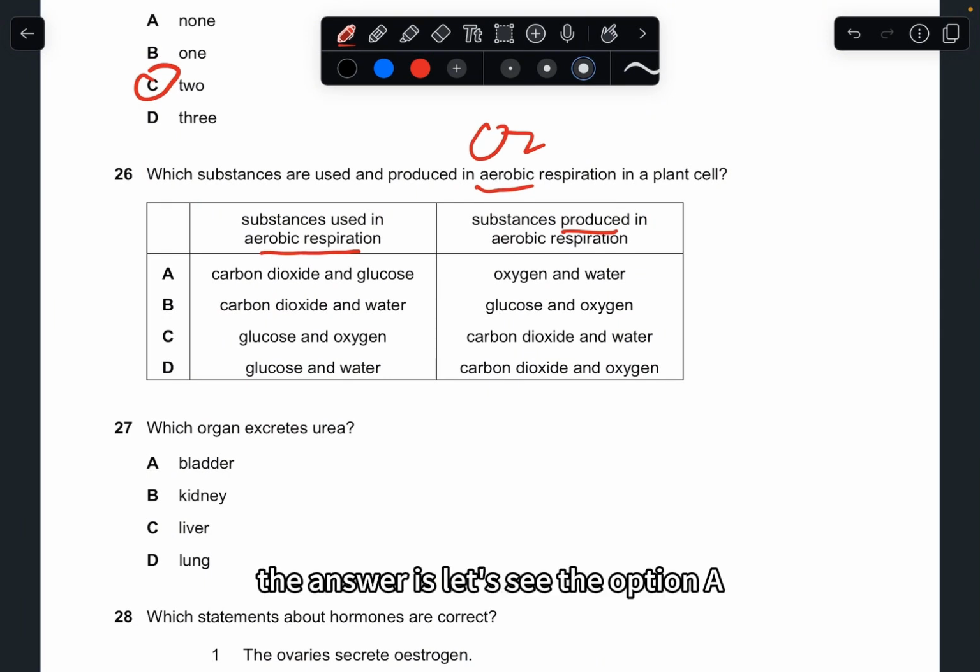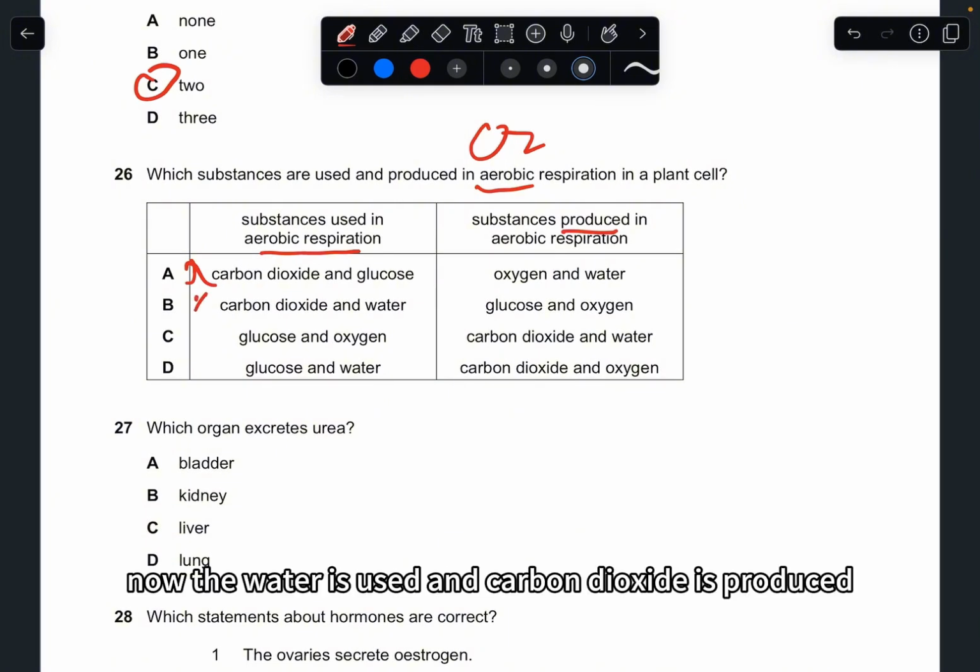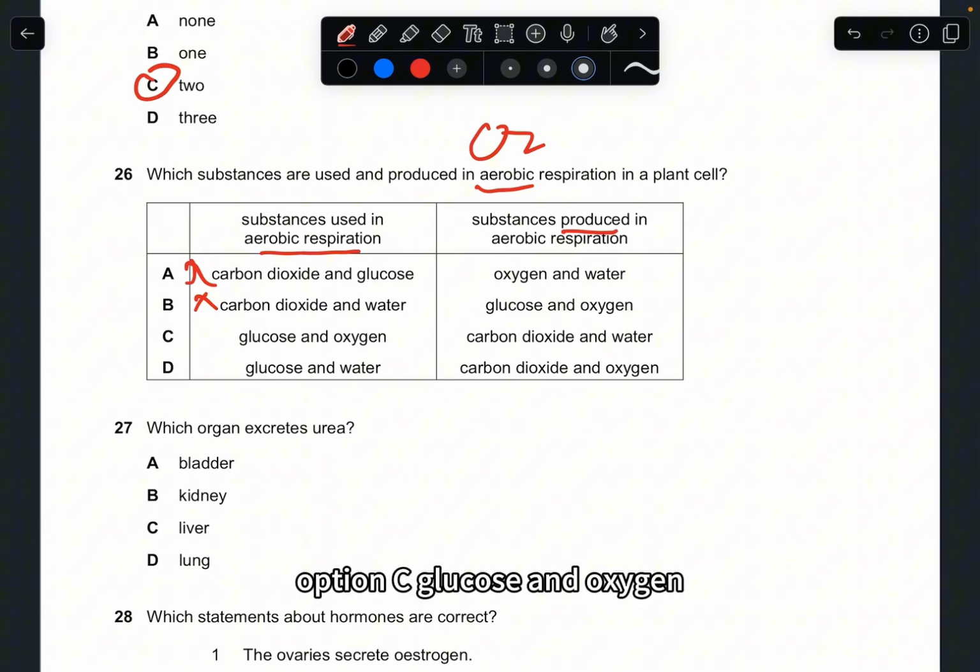Let's see option A. Carbon dioxide and glucose, so they are produced in a plant cell, so that is not the answer. Carbon dioxide and water, no, the water is produced and carbon dioxide is produced. Option C, glucose and oxygen, yes, they are used in aerobic respiration, and carbon dioxide and water are produced. The answer should be C.